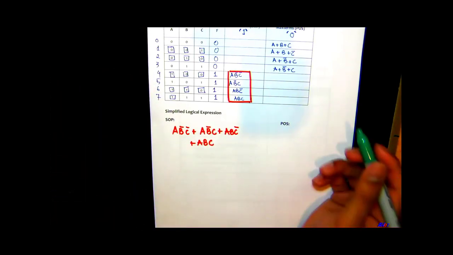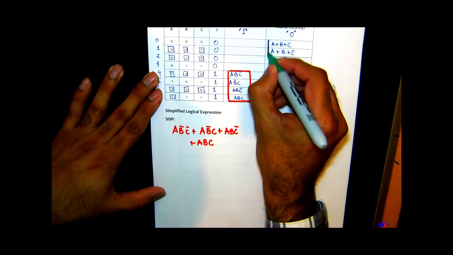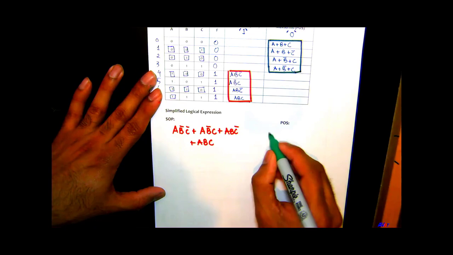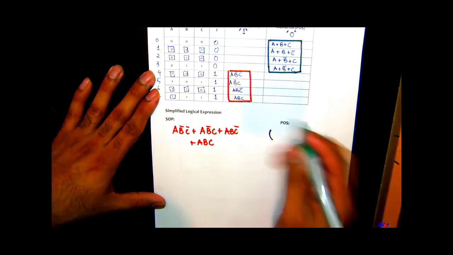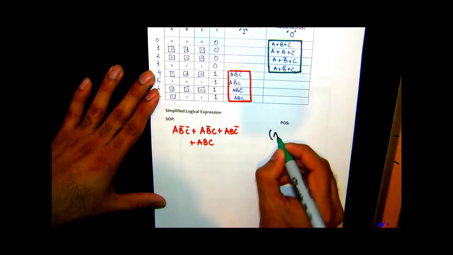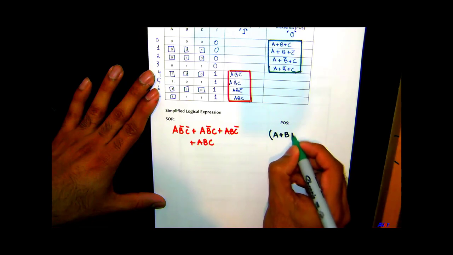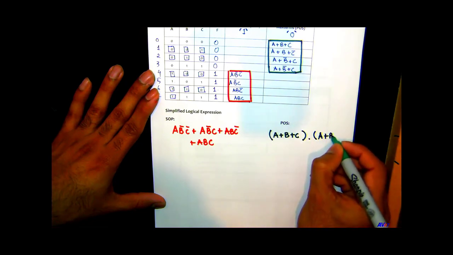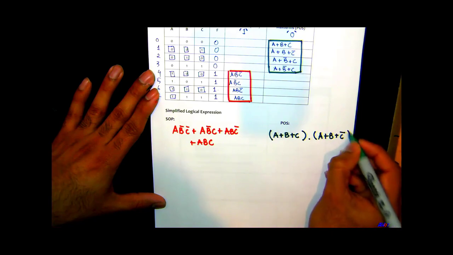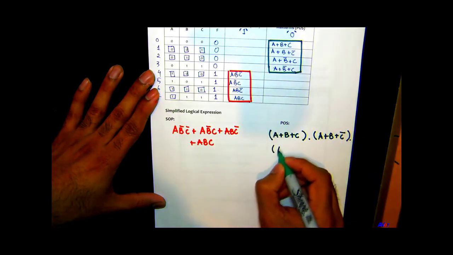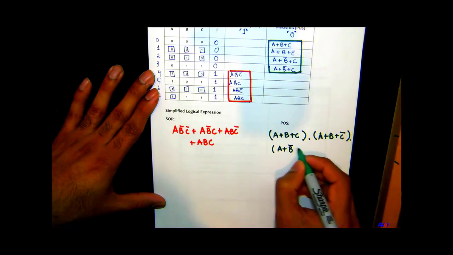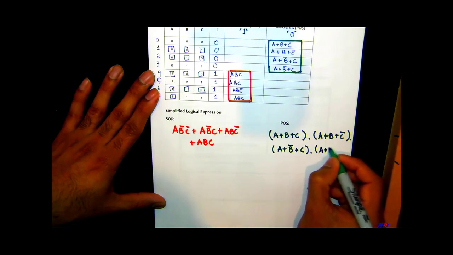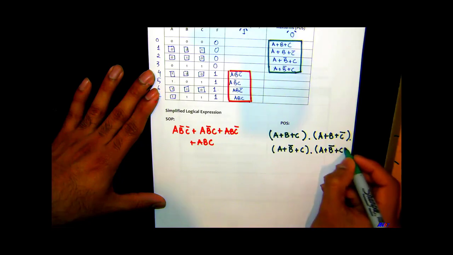For the POS, here are the Maxterms, for which the output is 0, and we take a product of these individual sums. So A plus B plus C dot A plus B plus C bar, A plus B bar plus C, and then A plus B bar plus C.